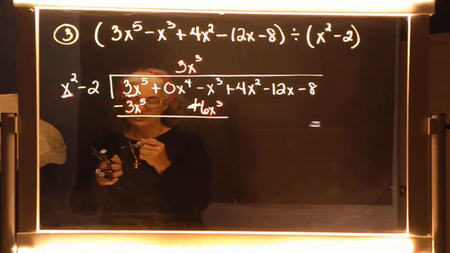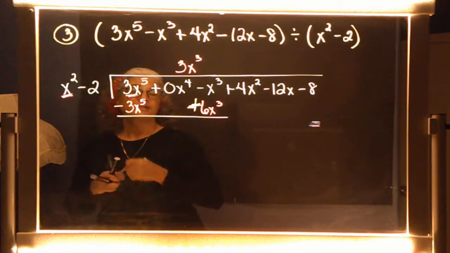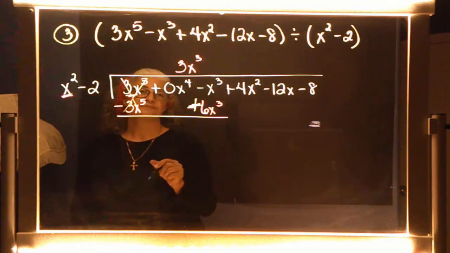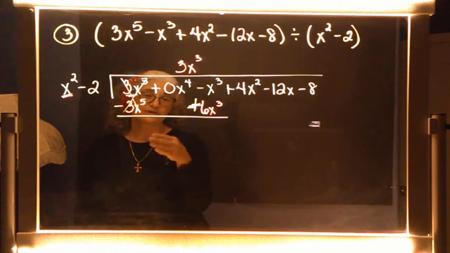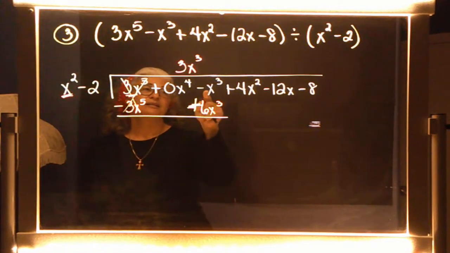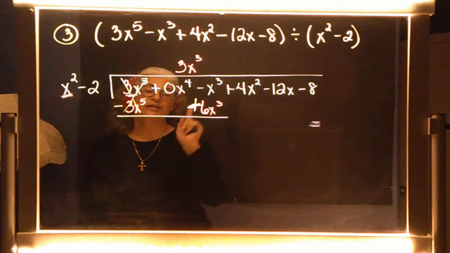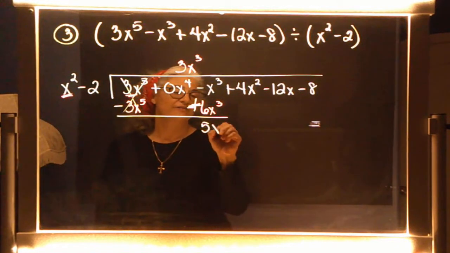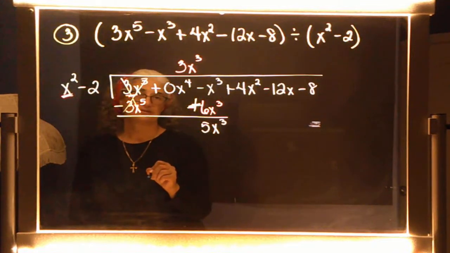Good. So 3x to the 5th minus 3x to the 5th. Yay! Cancels out. Nothing under x to the 4th, so I don't have to write this down because there's nothing to do here. And then negative x cubed plus 6x cubed. Good. It's a positive 5x cubed.